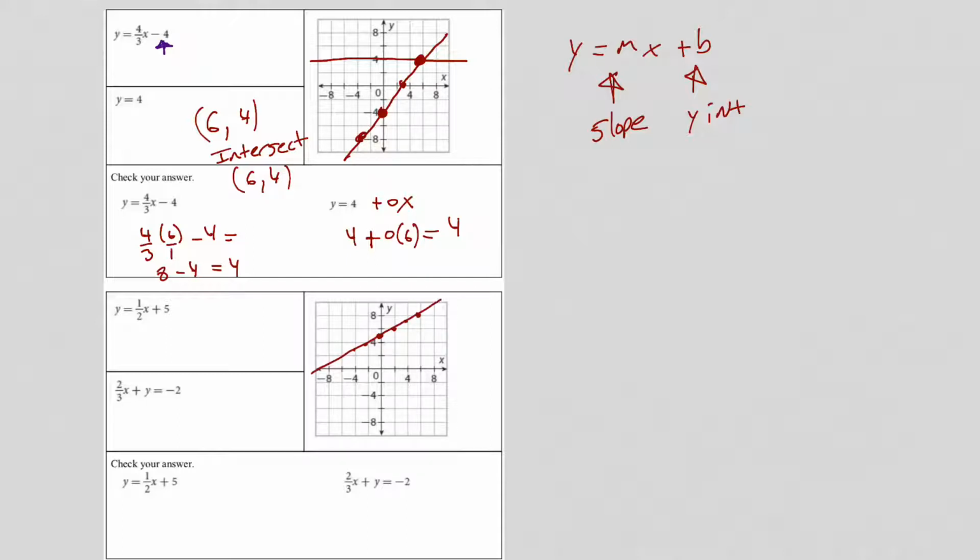Get a line, something like that. And then this, we're going to have to do a little bit of subtraction. Let's actually subtract the 2/3 x.